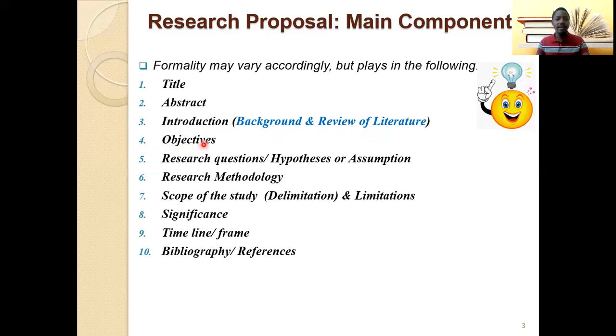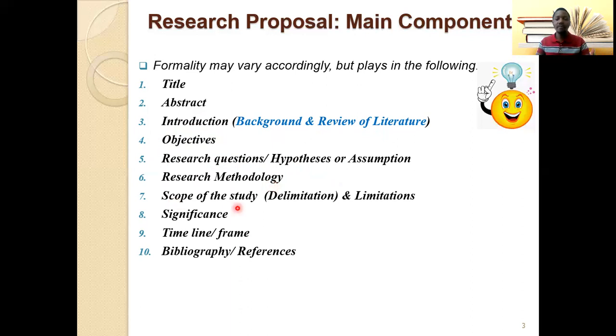Number 4 is the objectives, where we find the specific and the general objectives. We have the research questions or research hypothesis or assumptions, depending on which style you are going to use. We also have the research methodology, which has some components in it.